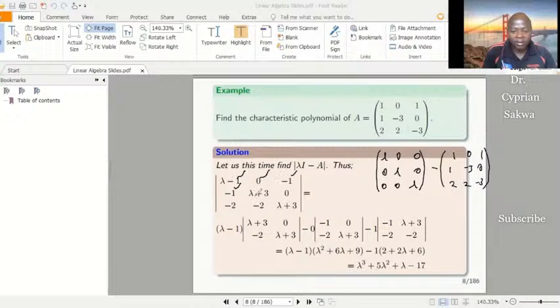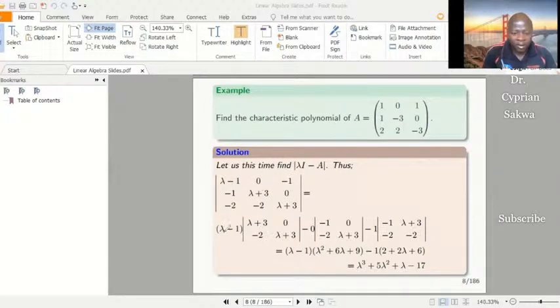After subtracting that, now get the determinant of this matrix. Again, I repeat for those who do not know how to get the determinant: it will be this element times the determinant of the matrix that remains when you delete the row and the column of this element, lambda minus 1. We are left with this, so the determinant of that.